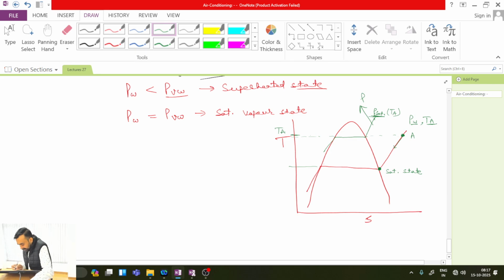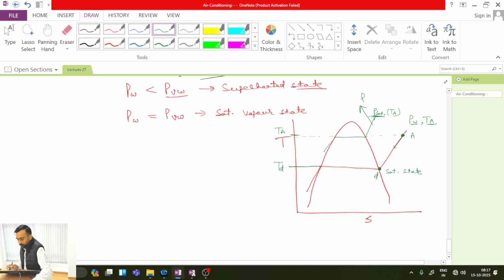So I will get some temperature condition, given as TD. Say this is my point D. I will get some temperature TD corresponding to which the PW pressure will become the saturation pressure. Is this point clear?